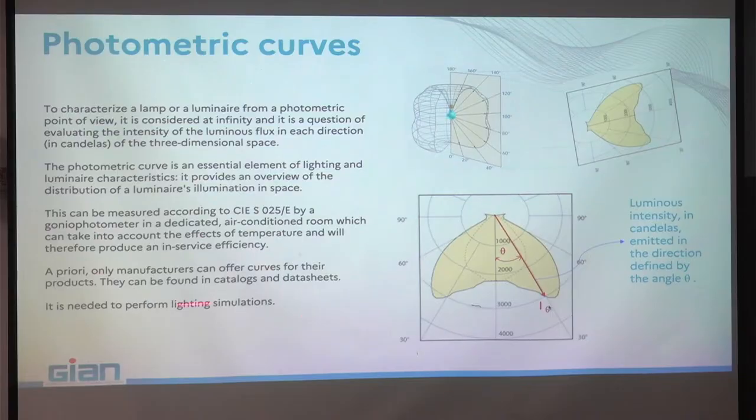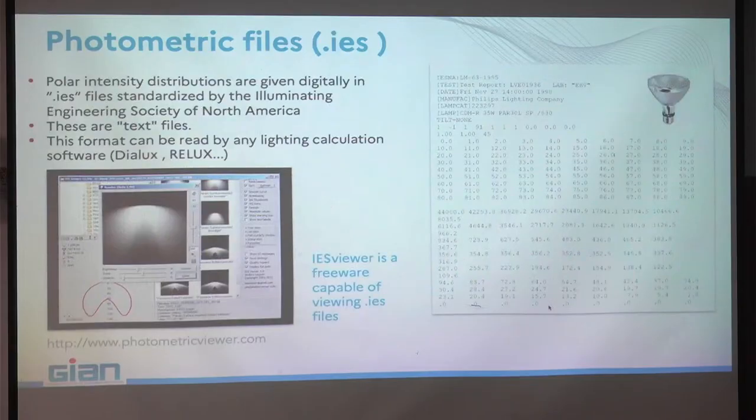These measurements are done by using standards. You don't do the measurements as you want. And as I told you, this kind of values today, you will get in a numerical format.